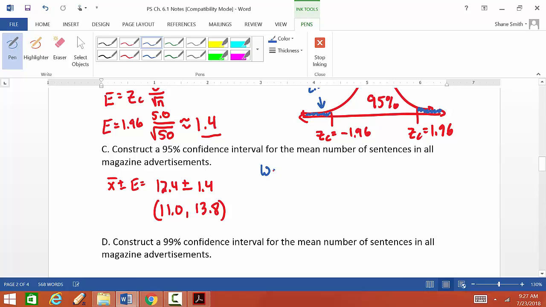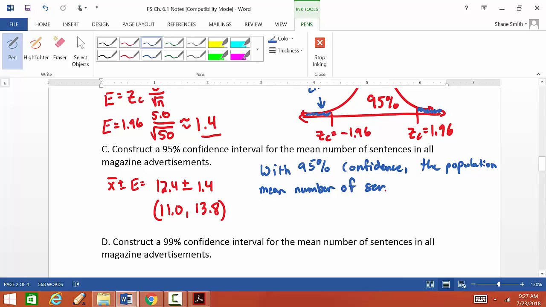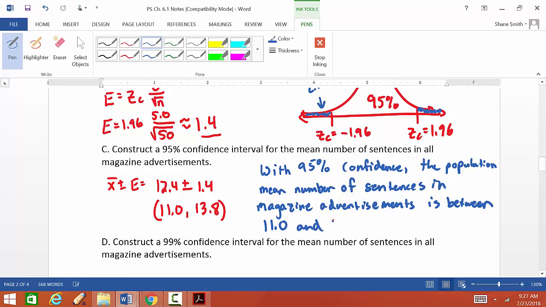Well, it means, because we had a 95% confidence level, and we always start with that, with 95% confidence, the population mean number of sentences in magazine advertisements is between 11.0 and 13.8.